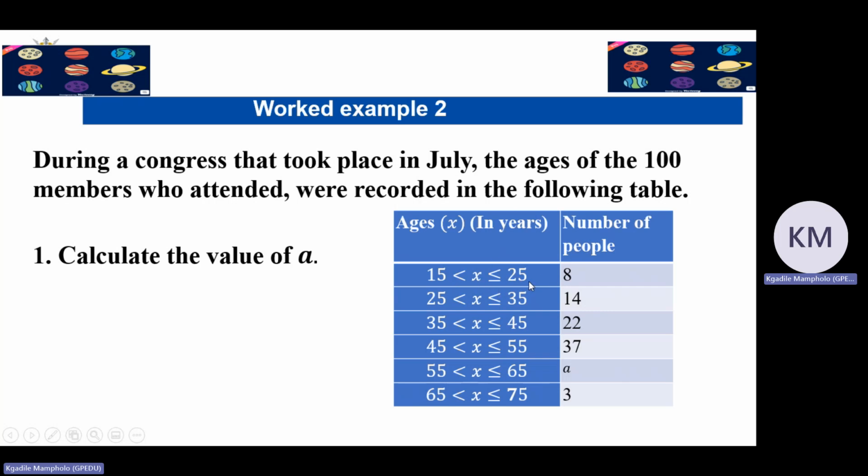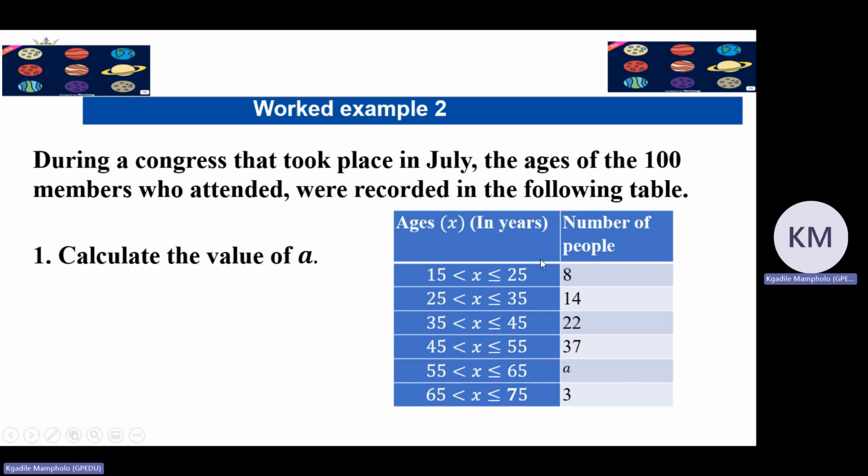Then you say 20 times 8. Here you'll say 30 times 14. Here you'll say 40 times 22. Here you say 50 times 37. Here you say 60 times A. Then here we have 70 times 3. Then you say it equals the mean given in the statement. Then you solve for A.